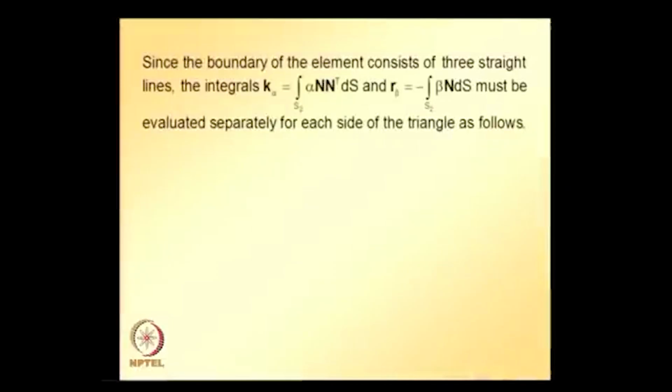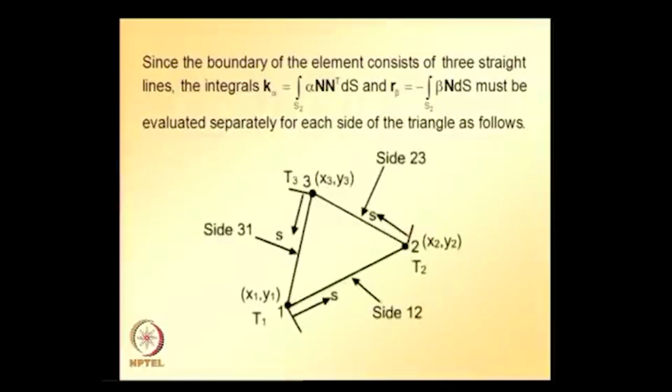And since the boundary of the element consists of 3 straight lines, that is, since we are dealing with linear triangle element, the integrals k alpha and r beta must be evaluated separately for each side of the triangle, and the details are shown for one of the sides.